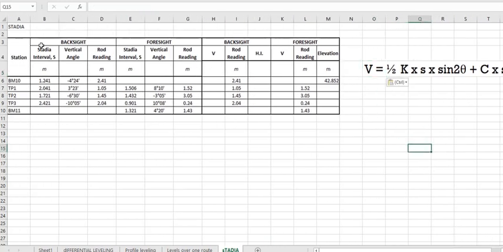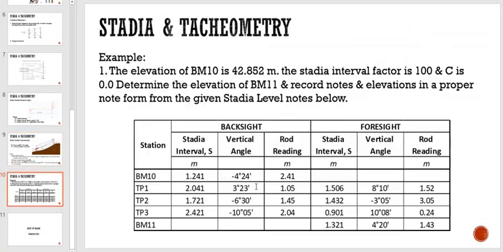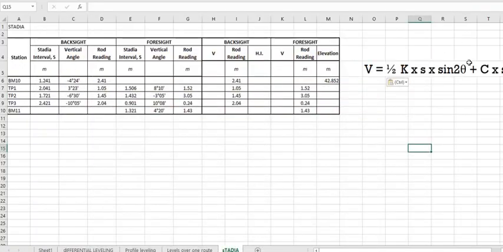But take note that the value of C is equal to 0, so disregard this part. So, V is equal to 1 half Ks times sine 2 theta.